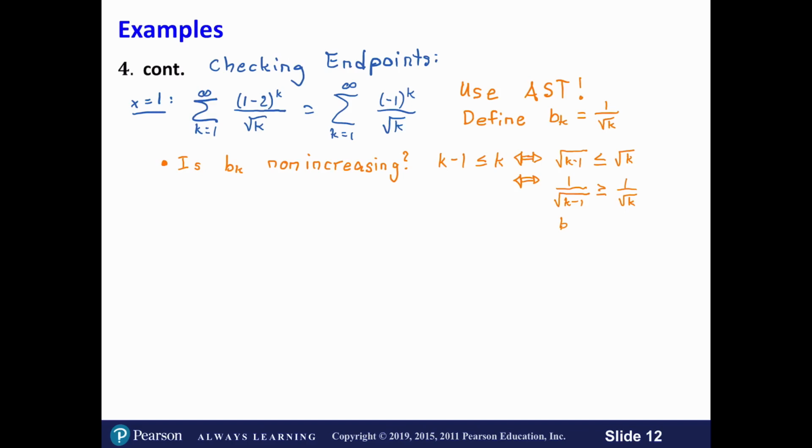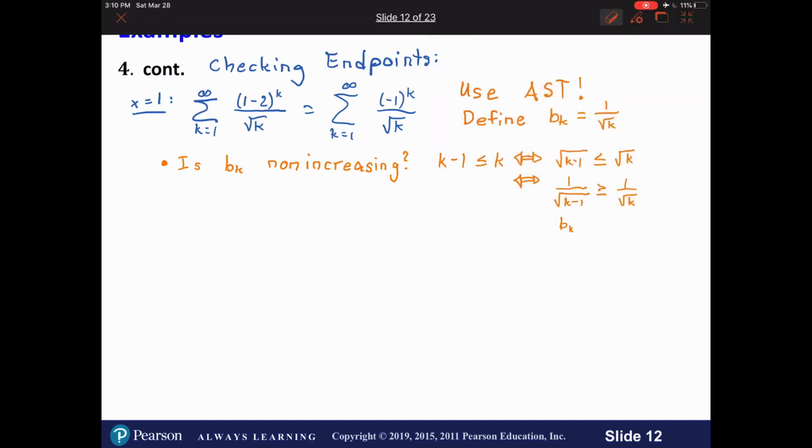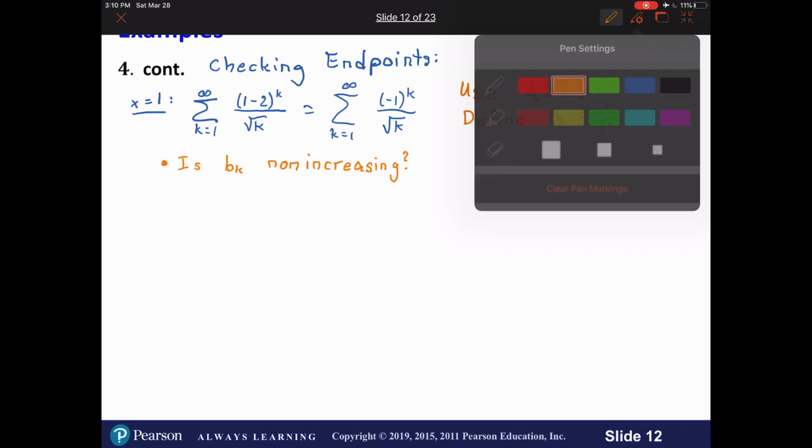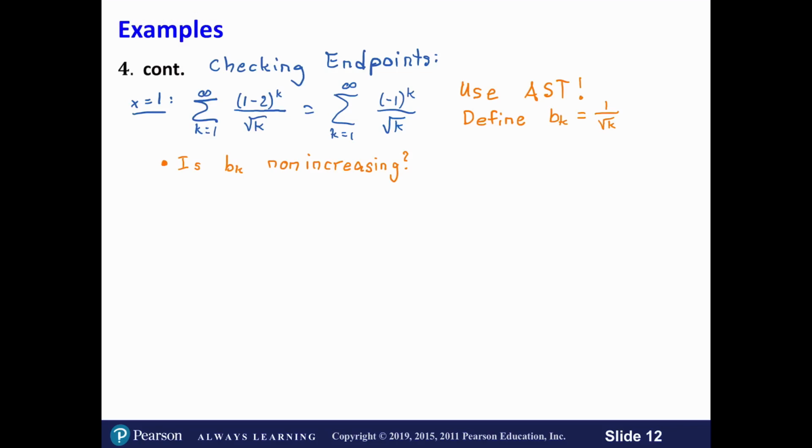Oh no, I did this wrong. It still is essentially the same thing. Let me restart so that way I don't confuse you guys. Sorry. We know that k plus 1 is greater than or equal to k. This implies that the square root of k plus 1 is greater than or equal to the square root of k.